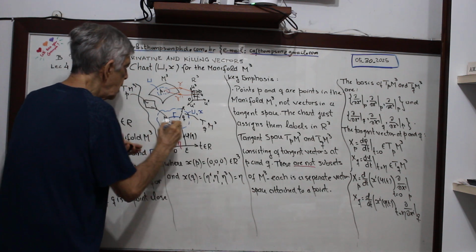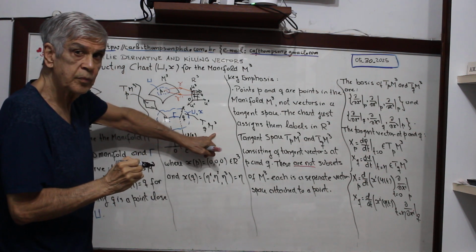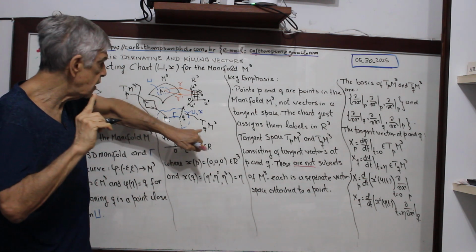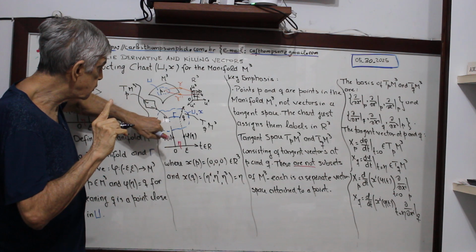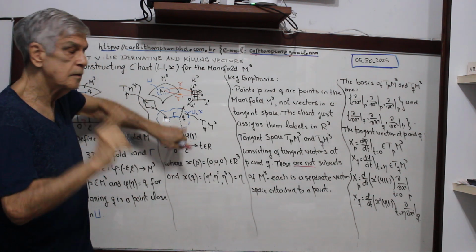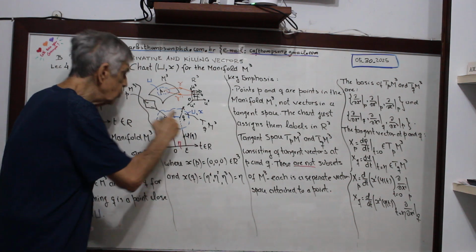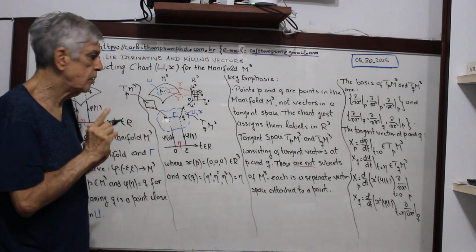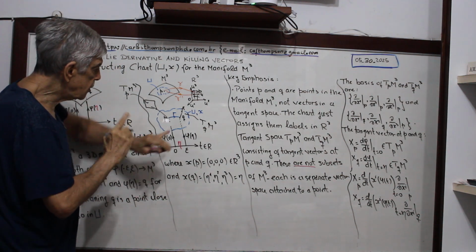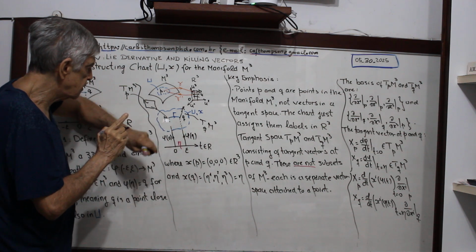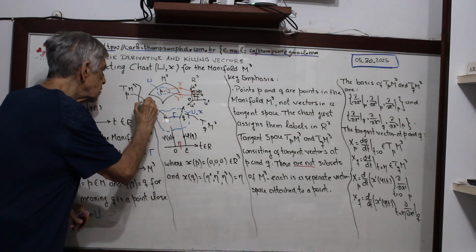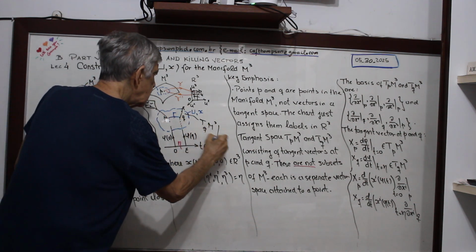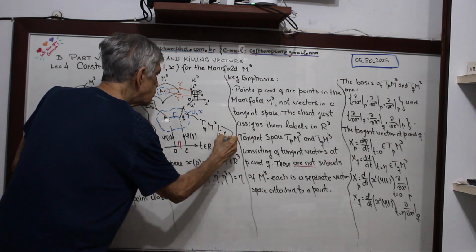That's important. The only points that belong to both the tangent space and U are points P and Q. Attention: P and Q belong to the chart, both, not the tangent vector space. The tangent vector space is another collection of points over here, and this here is another collection of points.